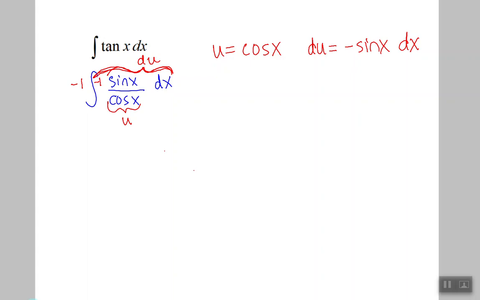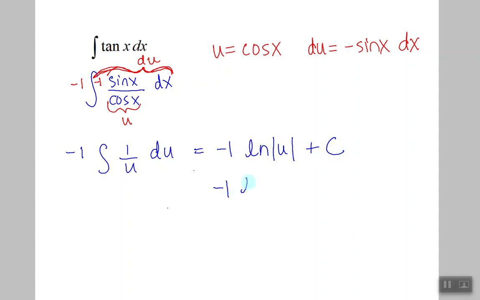Let's rewrite what that integral looks like. -1 times the integral of 1 over u du. And sure enough, now we're able to use that natural log. So this is going to look like -1 times the natural log of absolute value of u plus c, which is -1 times the natural log of absolute value of cosine of x plus c.